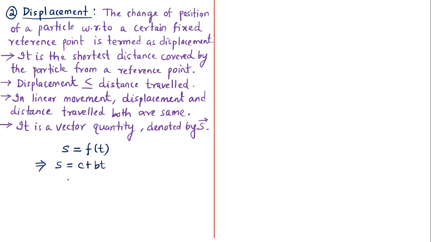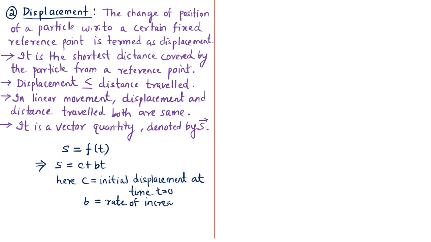That means here what happened? Here, what is C? C equals the initial displacement at time t equal to 0. Okay, and what is B? The rate of increase of displacement.